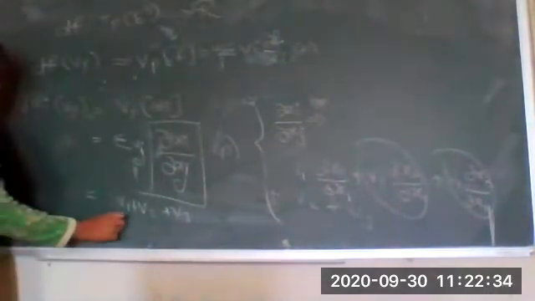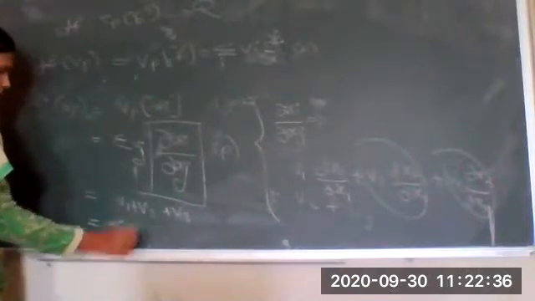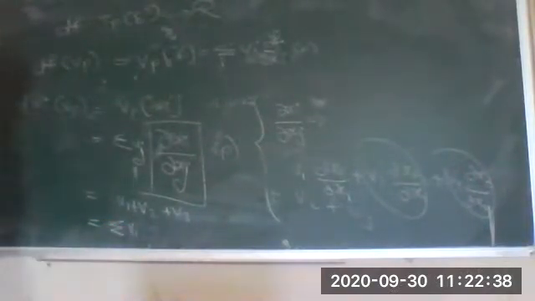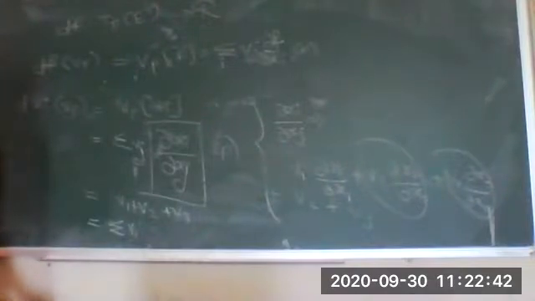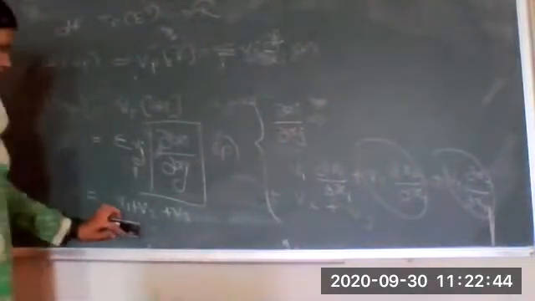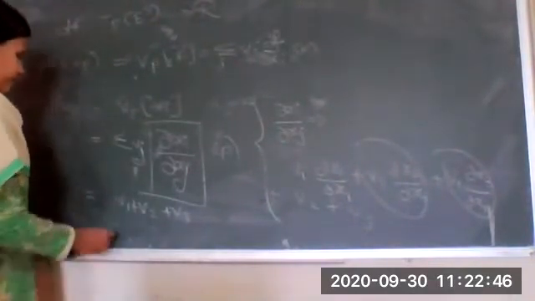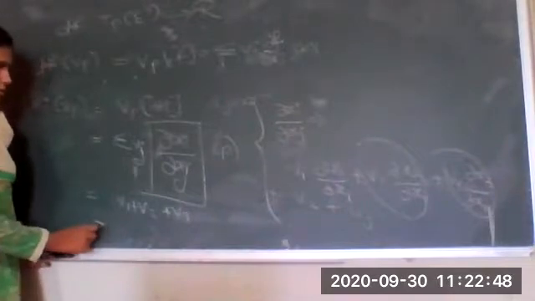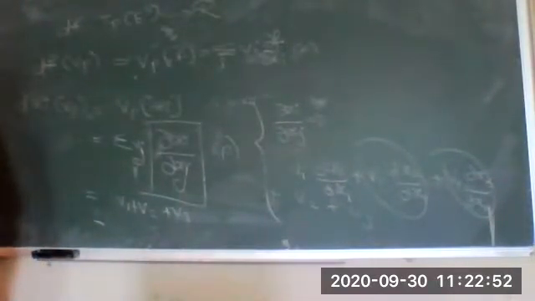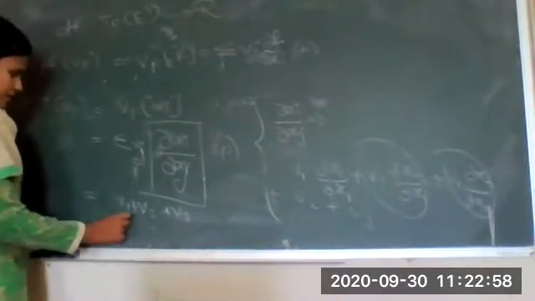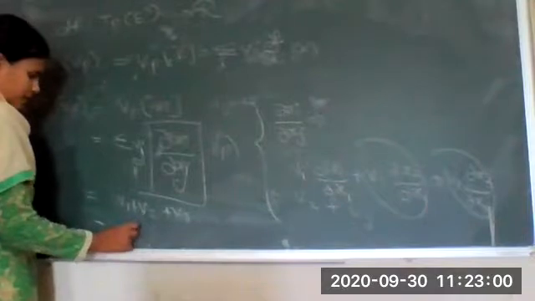So now I can write this as a summation over v_i. Is it correct? Sometimes we can write this as simply v_i.